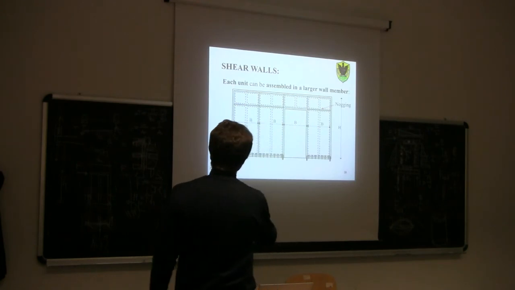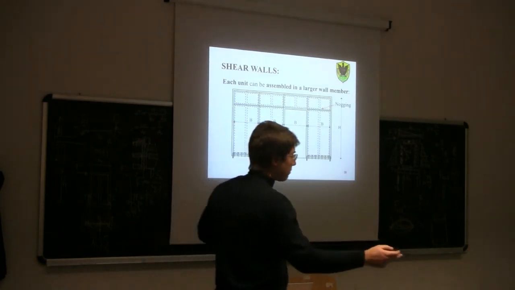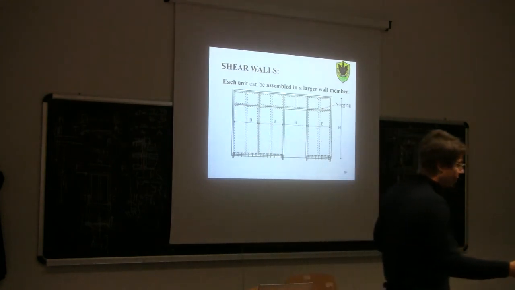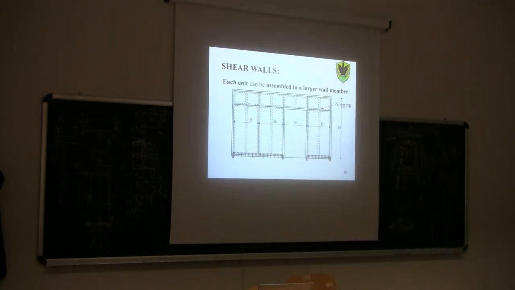So this horizontal member here, called blocking, I don't really have an idea of what could be the translation in Italian. I don't know if you can check on the internet. No, sorry. So this element here is needed basically just to provide the support for this nailing connection between the sheeting of the lower unit and the sheeting on the upper unit.